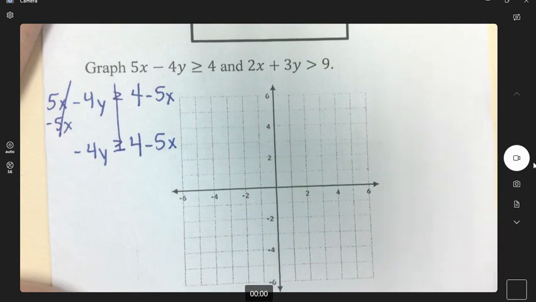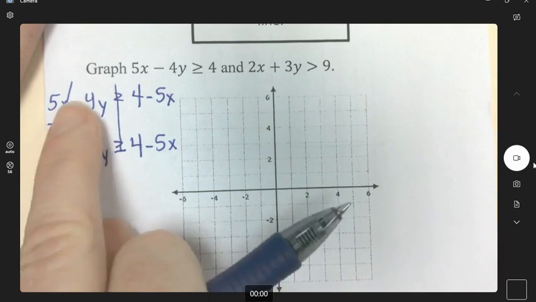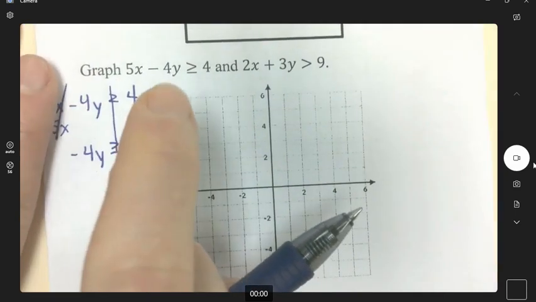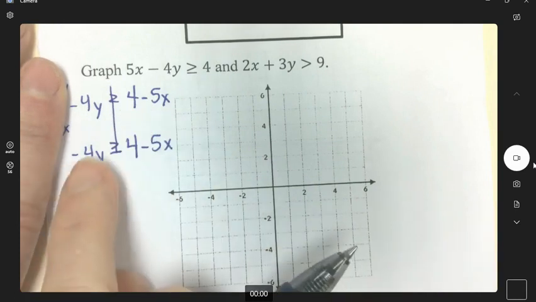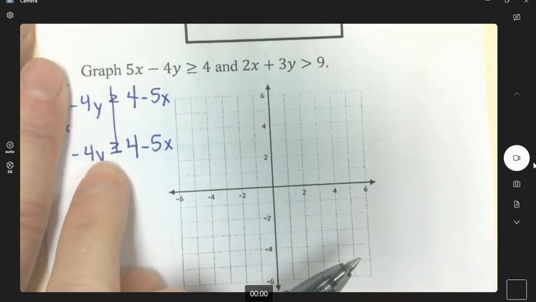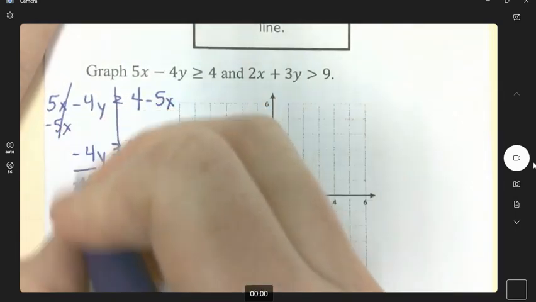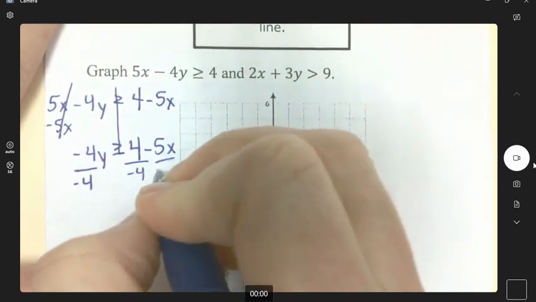Then we need to get y by itself, so we're going to divide everything by what's in front of y. What a lot of people forget is that this is a minus, but when nothing is in front, we say that is a negative for y. So we have to divide everything by a negative 4 all the way through.